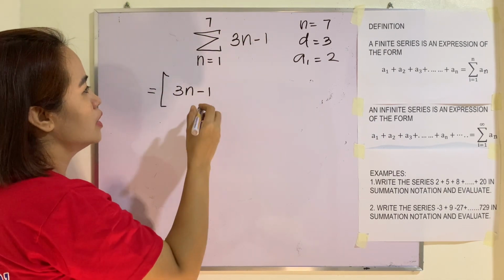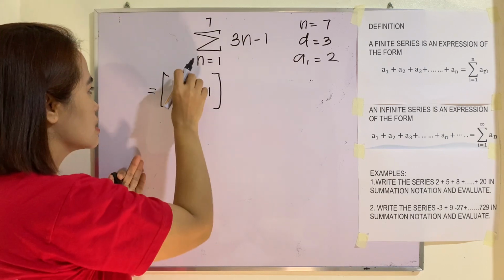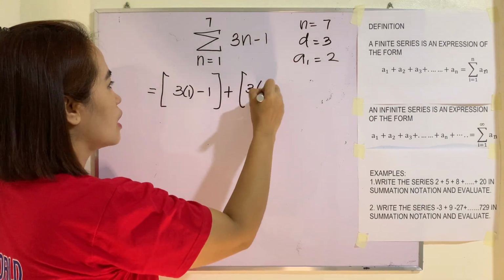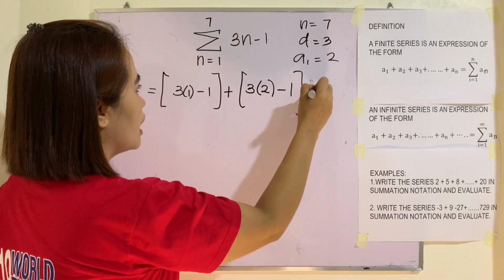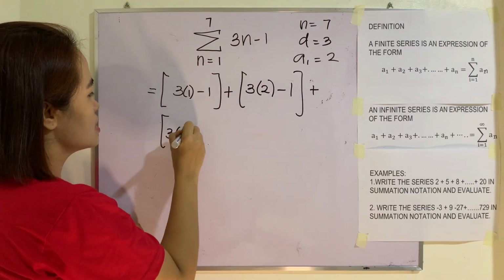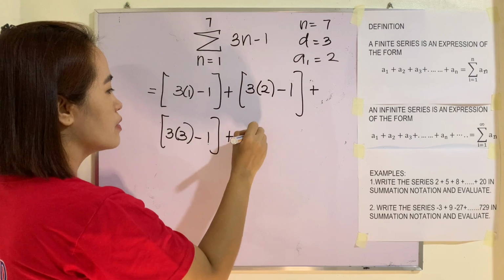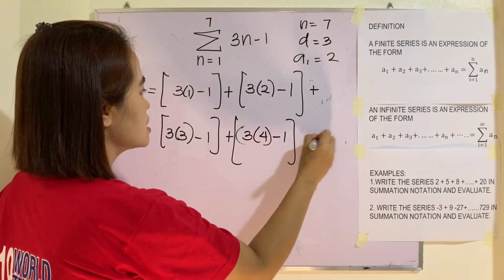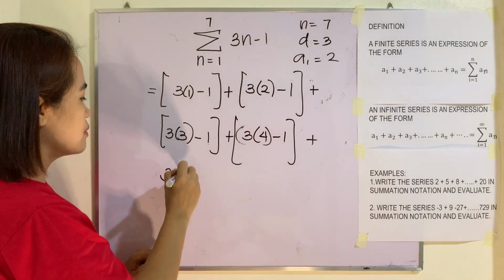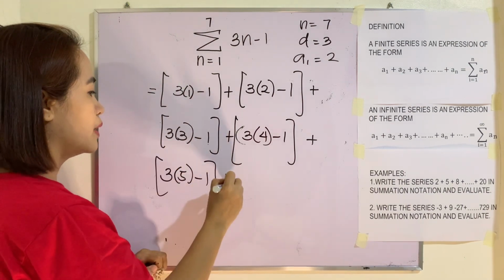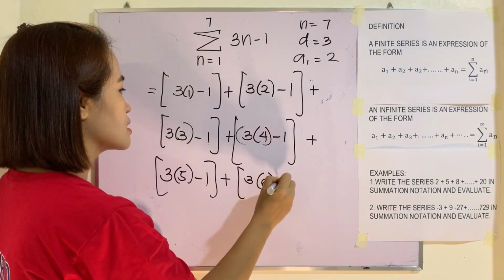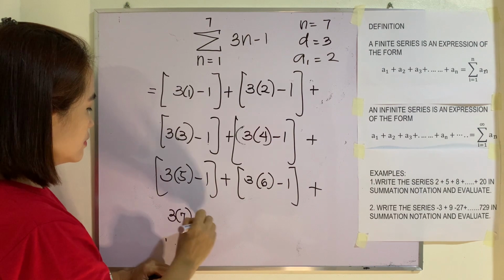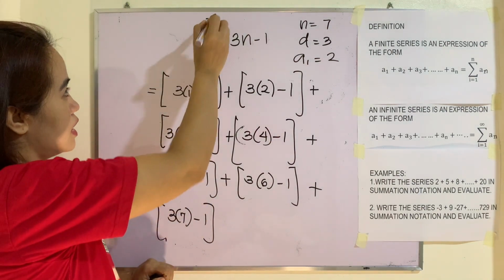So we have 3 times 1 plus 3 times 2 plus 3 times 3 plus 3 times 4 plus 3 times 5 plus 3 times 6 plus 3 times 7. Okay, that's it. So this one is the last term, 7.